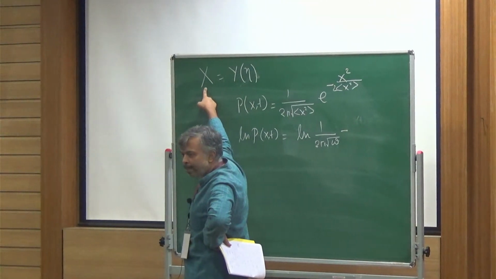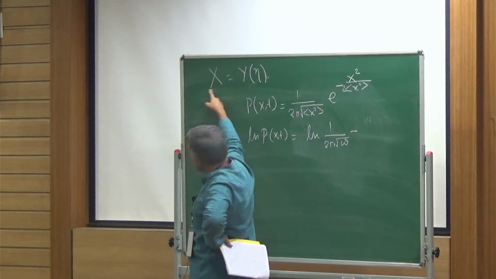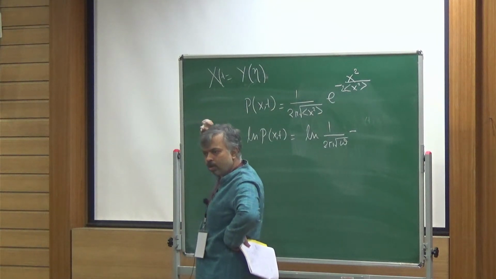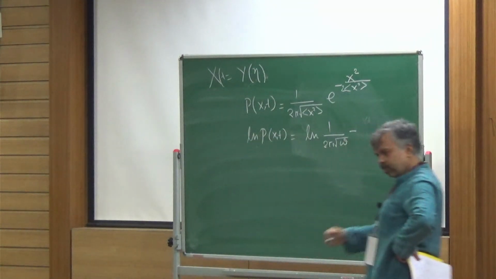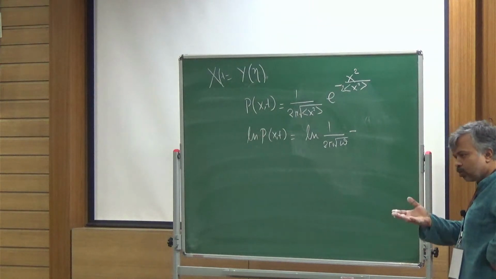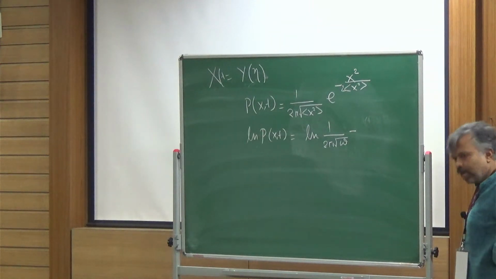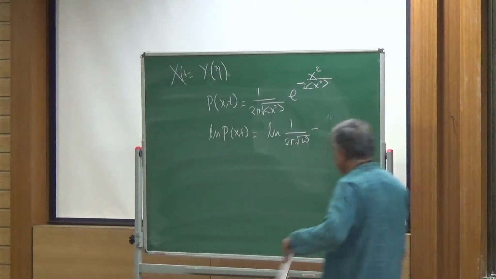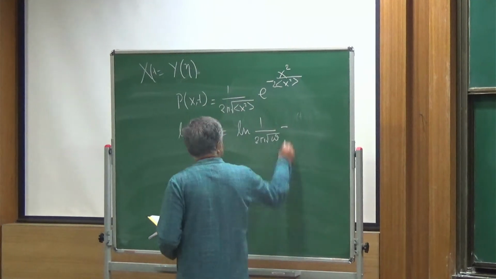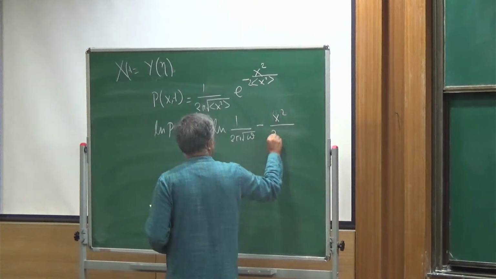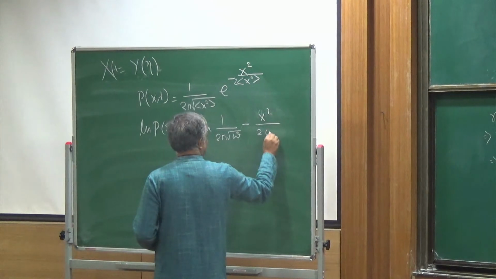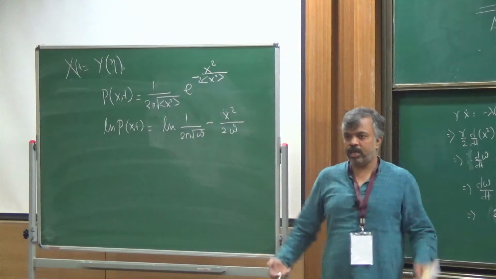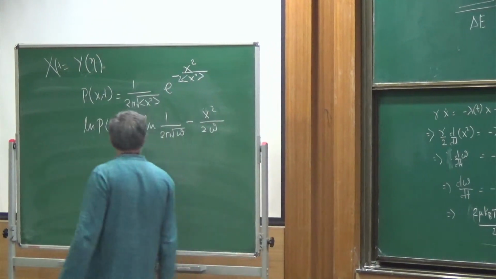My only point is that x square average can be time dependent also. It will be time dependent, but the form is Gaussian. The time dependence comes through lambda, but the form is Gaussian. Only the mean is not affected by lambda, because of this.